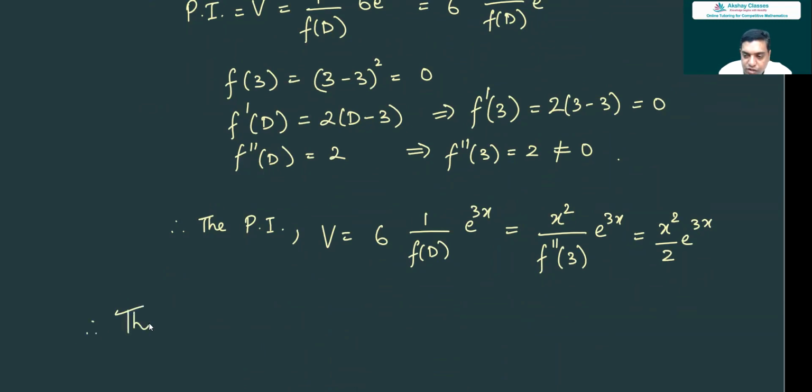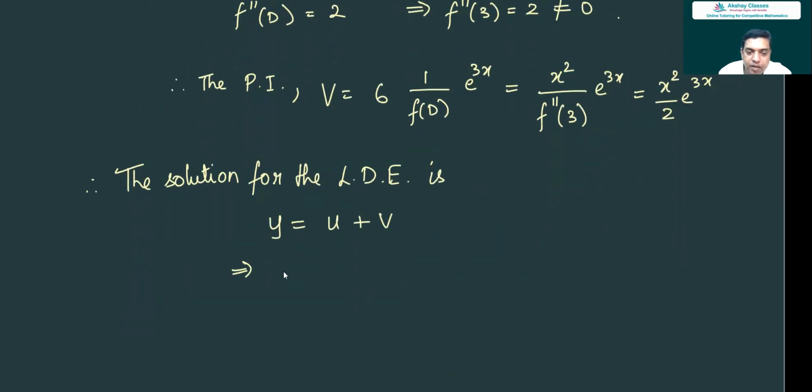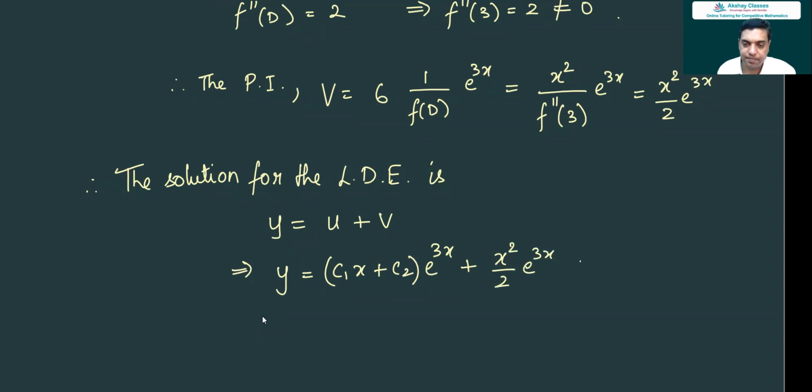Therefore, the solution for the linear differential equation is y = u + v, so y = (C1 x + C2) e^(3x) + x²/2 e^(3x), complementary function plus particular integral.